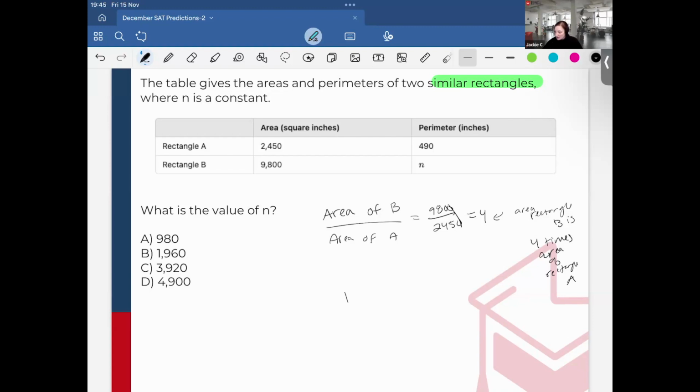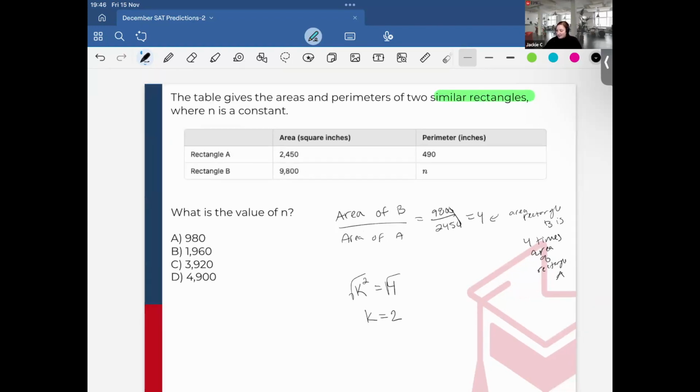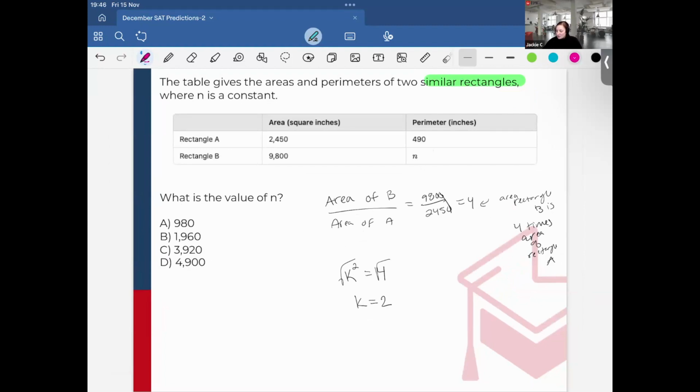So basically k squared, k for the side, is equal to 4, and then take the square root. So I would have that the side ratio is 2, which just means the lengths of rectangle B are twice those of rectangle A. And now I know that, and now I can calculate. Basically, all I have to do is 2 times 490, which is 980. And that would be my amazing answer.